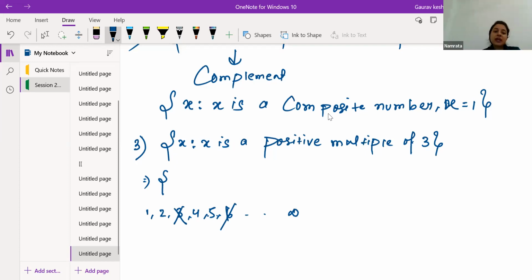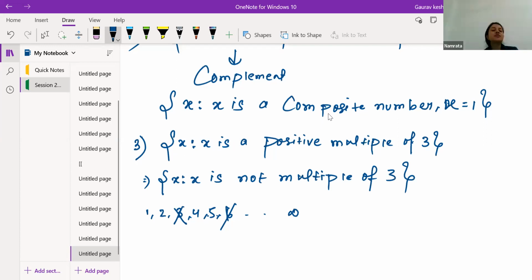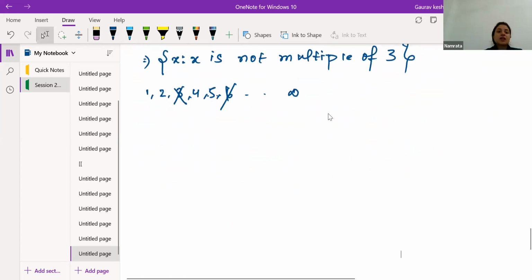It has to be positive because natural numbers are positive. So x is not a multiple of 3. All those numbers which are not multiples of 3 are the complement of the given set. All right. Now the next one.